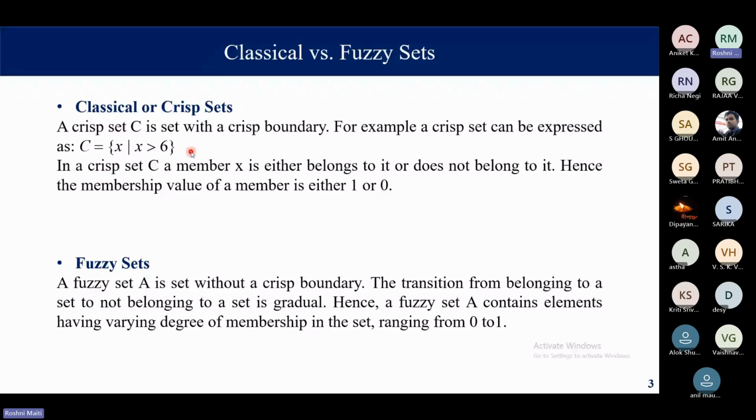The exact model value we have to give. That means, here one example is given where C equals x, where x is greater than 6. So it's perfectly defined when x is an element of the set C. Therefore, its model is defined here.